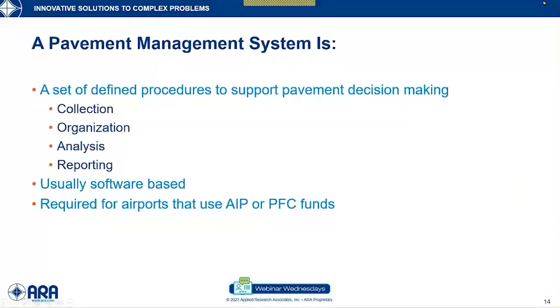So just to kind of recap before we move on into the specific software, a pavement management system, it's a set of defined procedures. We use it to support our decision making about what to fix, when to fix it, get estimates for what it's going to cost, and what kind of condition it's going to be in when I'm done.